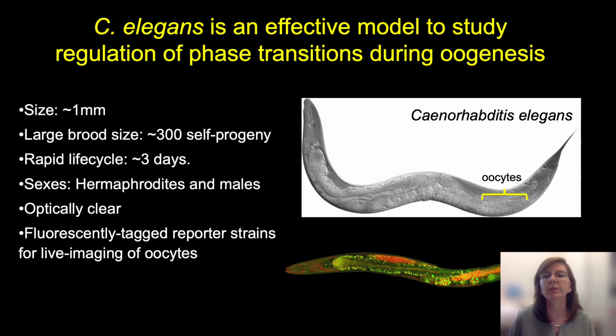In addition, the worms exist as self-fertilizing hermaphrodites and males, and they are optically clear. In this micrograph of a living adult hermaphrodite, I've labeled the oocytes in one of the two gonad arms. Lastly, many genetic techniques are straightforward in the worm, such as CRISPR, as well as making fluorescently tagged reporter strains, which are important for live imaging of RNA binding proteins in oocytes.